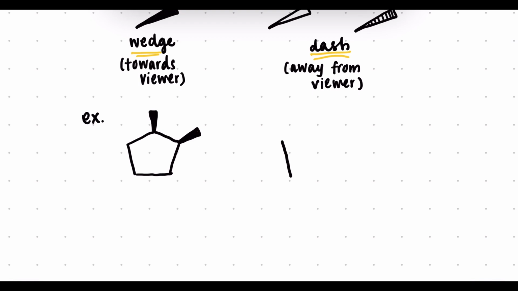Well, a geometrical isomer of this would basically be that. Now, anything else that you draw, like let's just say that you drew this compound, but instead of a dash here, you drew a dash here.